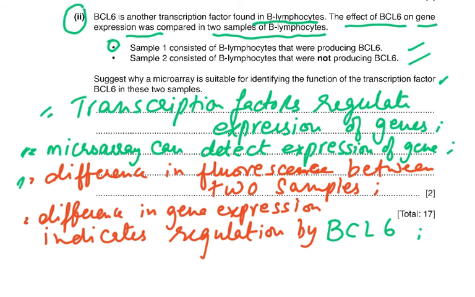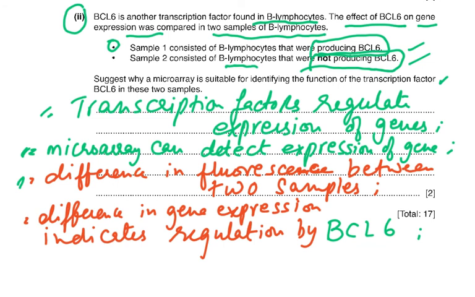Third is difference in fluorescence between the two samples, because one you can tag red, one green, and then if you get an orange, you see both of them are being expressed. And difference in gene expression indicates regulation by BCL6. Sample 2 consists of cells that were not producing BCL6, and sample 1 was producing BCL6.